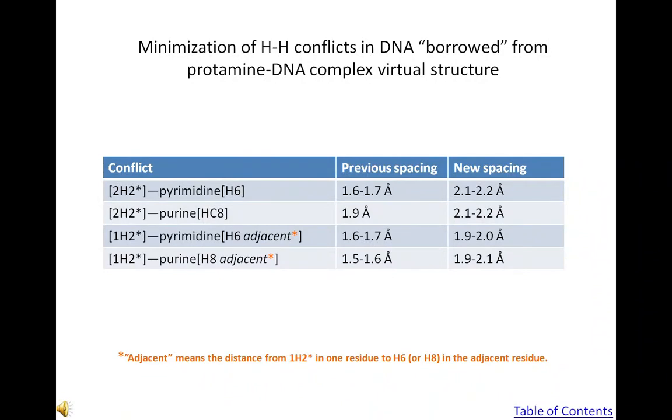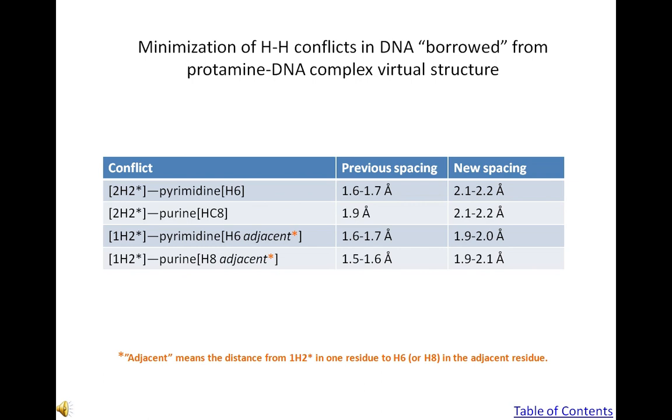For those interested in the details of these close contacts, they are all included in this table. It may be generally stated that in the 2006 protamine DNA structure file, there were 2 close hydrogen-to-hydrogen contacts per pyrimidine and purine residue, averaging about 1.6 angstroms, and that the Schrödinger minimization increased the distances to about 2.0 angstroms.